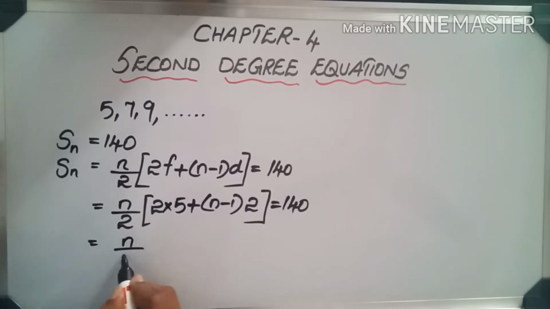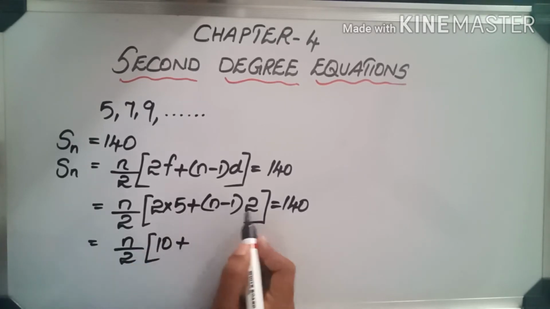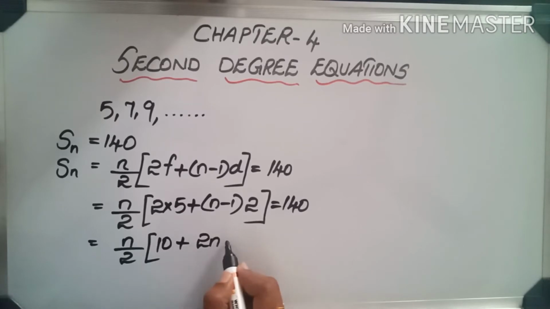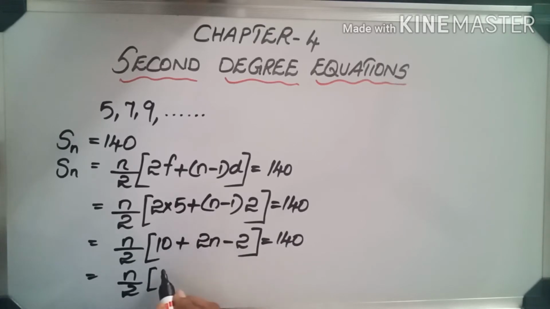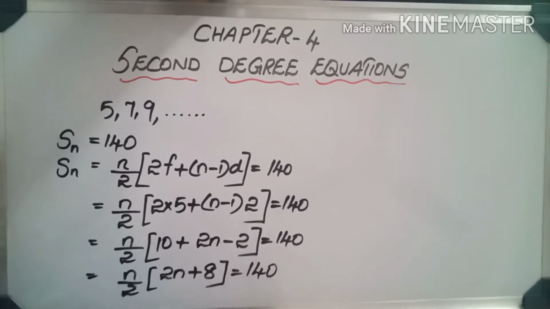That is n by 2 into (5 twos are 10 plus, opening the bracket, 2n minus 2), equal to 140. Next, n by 2 into (2n, then 10 minus 2). What is 10 minus 2? It is 8. Equal to 140.